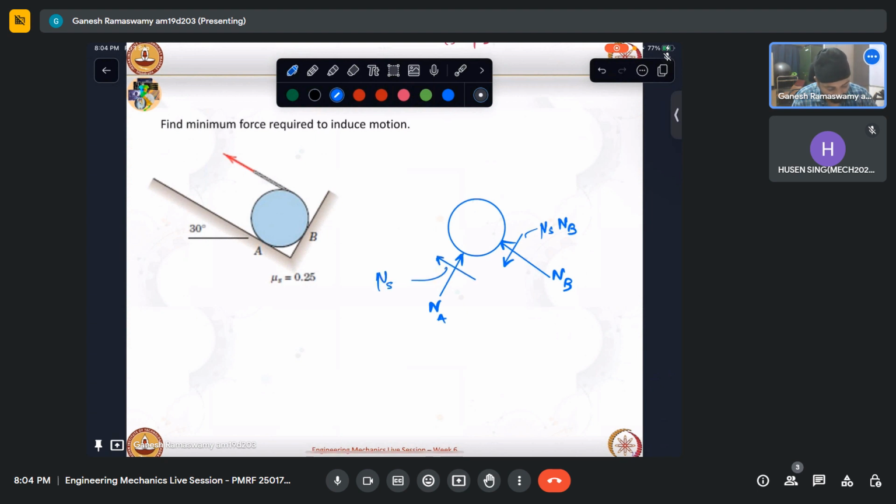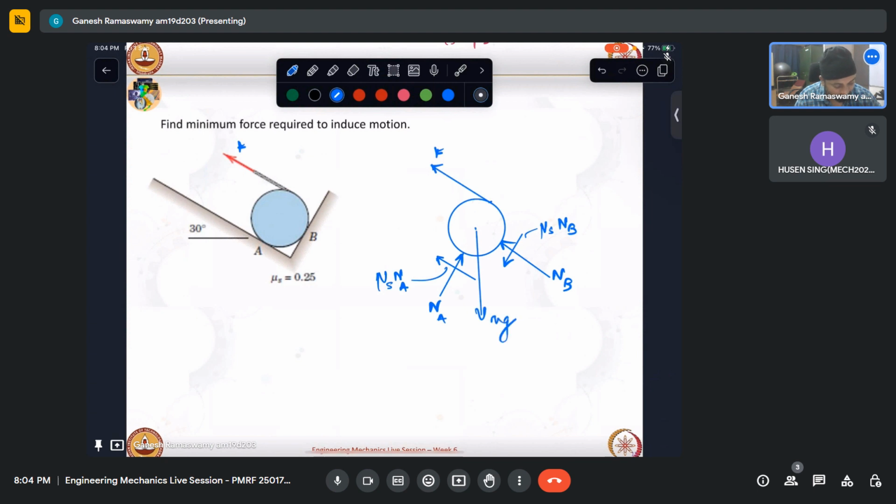And then I have my force, let's call this F. I can resolve my weight into two components, but let me not do that. Let me just leave it like this. This is my mg. So I have completed the free body diagram.